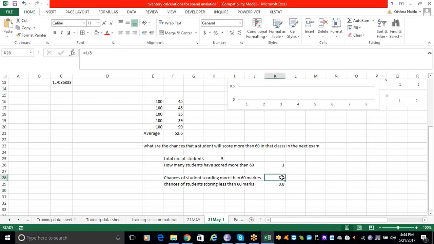So if I remove an outlier, what is the impact? The impact is very less, or 20% chance.